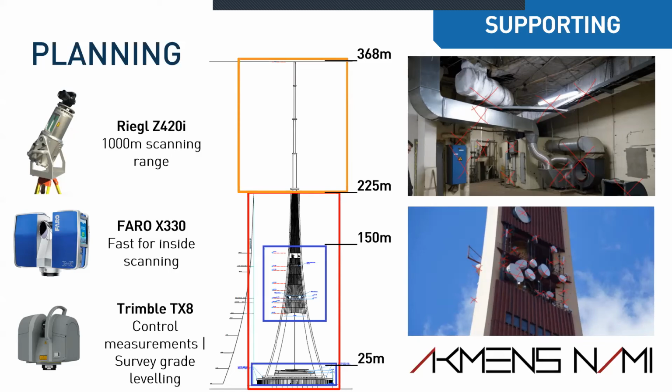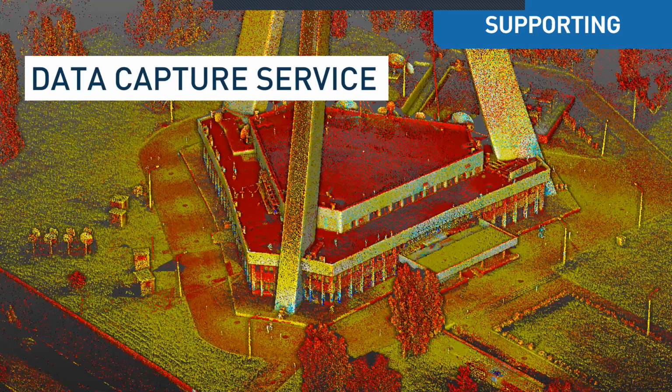Because sometimes when you have larger objects, it's not enough to make scanning using only one device, and these devices are different in scanning range and survey grade leveling. So when you are doing scanning, you need to make sure that everything will be fine.